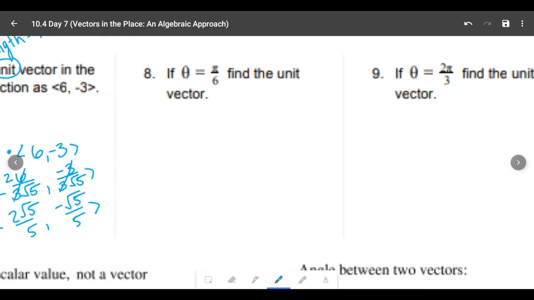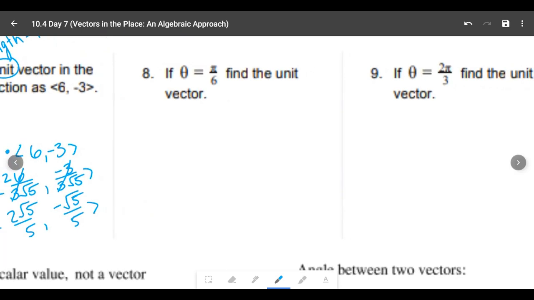Okay, for a problem like number 8, it says if theta is equal to pi over 6, find the unit vector. This is something that we went over briefly yesterday. Remember how I said that my Vx is going to be equal to the magnitude of my vector times the cosine of theta, and Vy is going to be the magnitude of the vector times sine of theta.